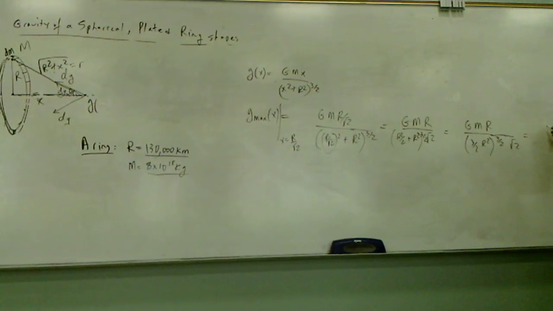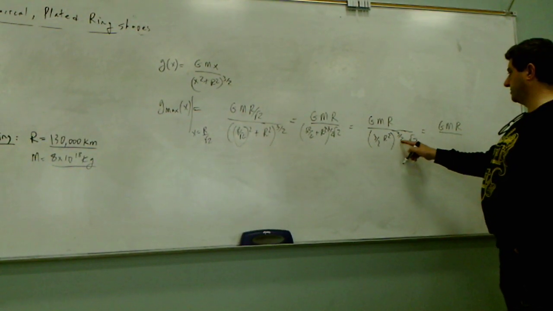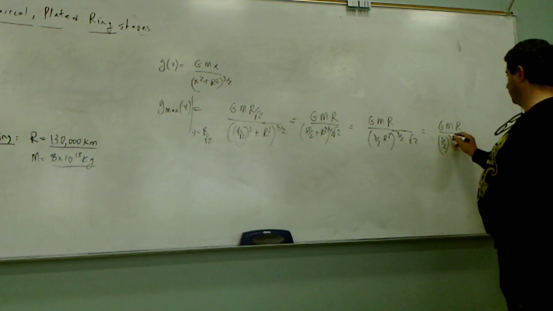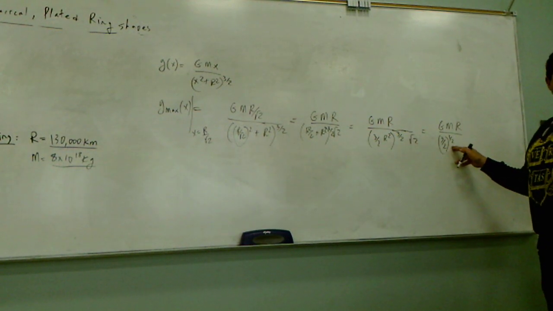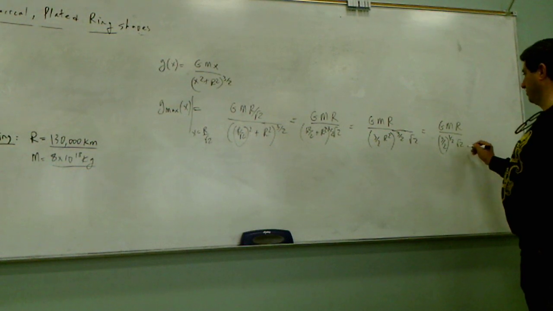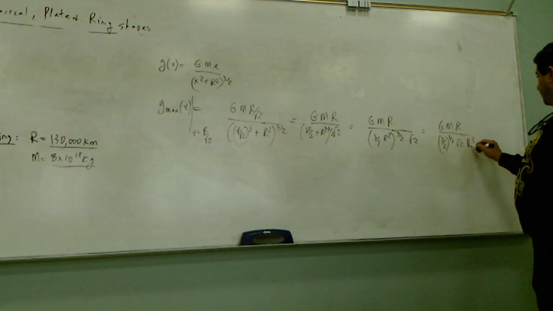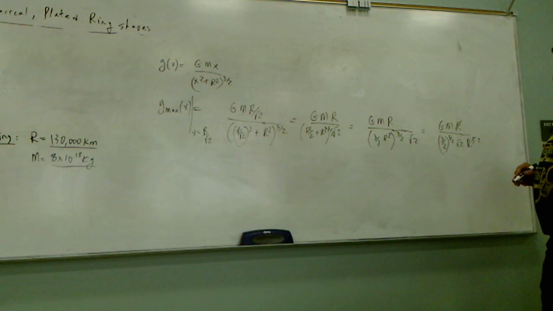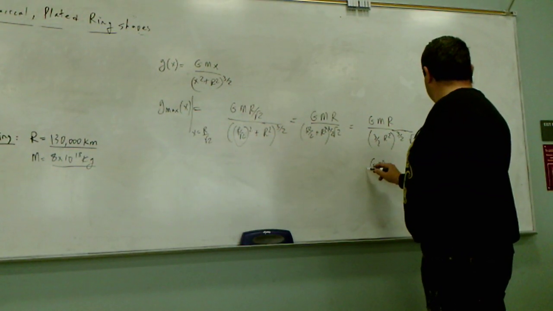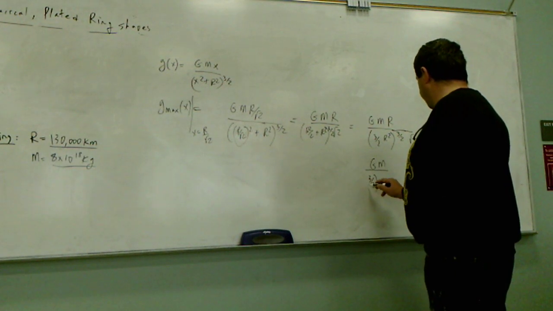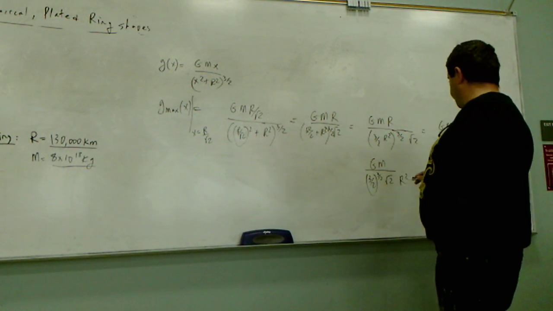Then you're going to get GM r over 3 halves to the power 3 halves, so it's like 1.5 to the power 1.5, times root 2, and then r squared to the 3 halves is going to be r cubed. Then this cancels this and you get r squared. So that is the maximum gravitational field you create: GM over 3 halves to the power 3 halves times root 2 times r squared.